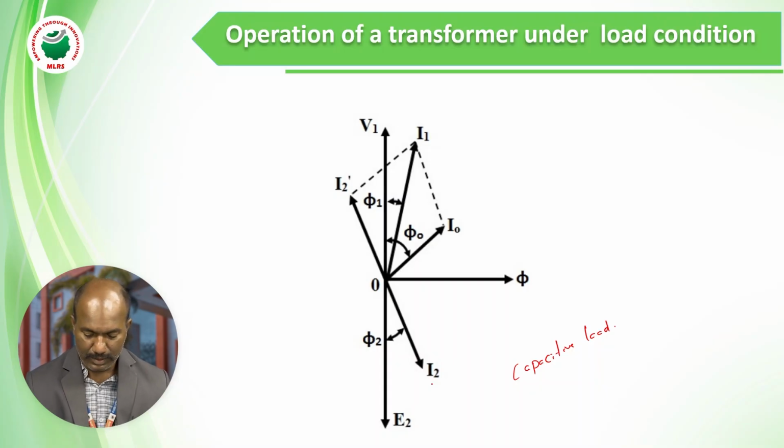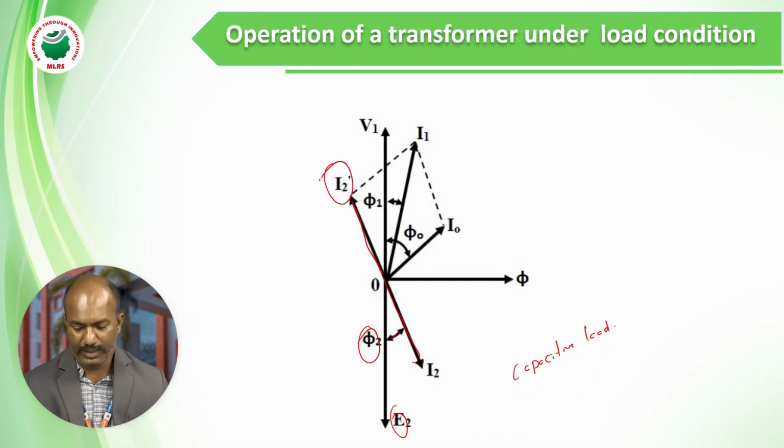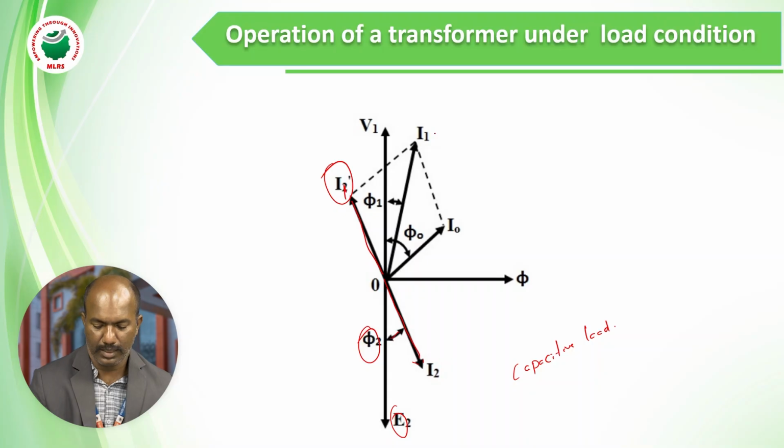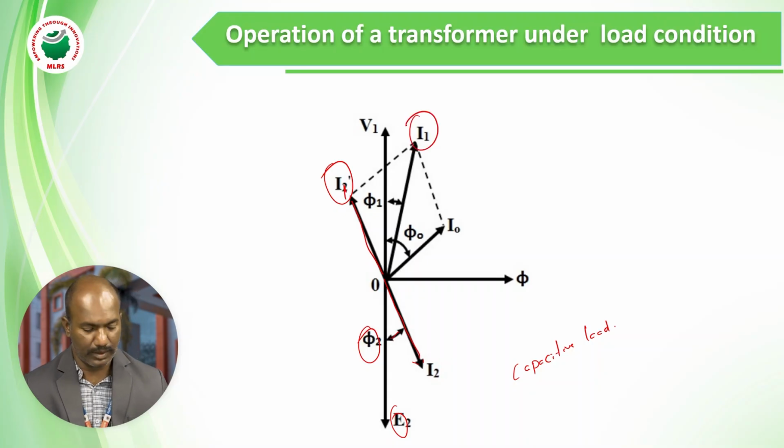I2 is the secondary winding current, and it leads E2 by some phase angle phi2. Opposite to I2, I have to draw the I1 dash phasor. The combination of I0 and I1 dash is I1, the total current in the primary winding.